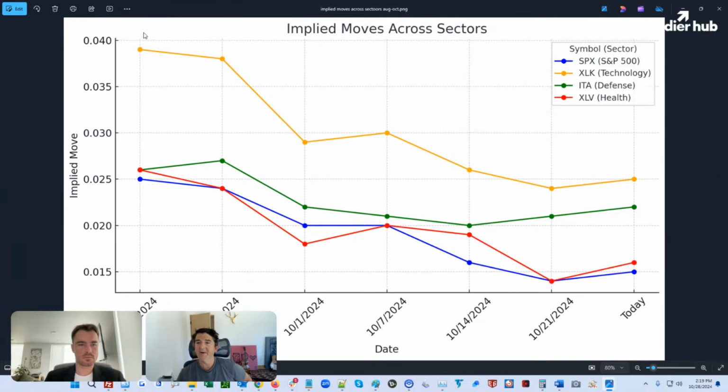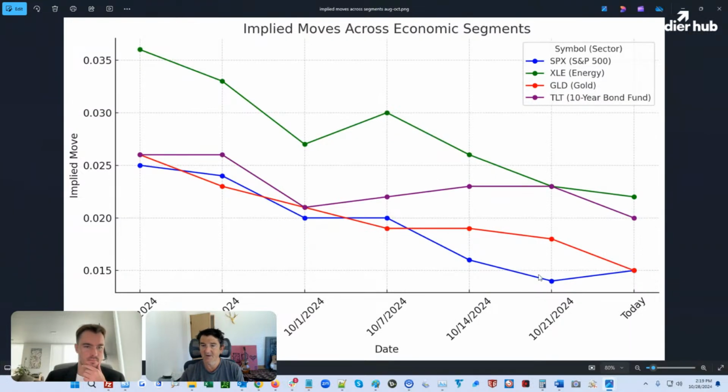So again, the biggest sector that's down is tech. So that might have the biggest chance to go up. It could be a tech thing that we'd be looking at, or we could look at the other one, the segment. The biggest segment is energy. I kind of like energy.